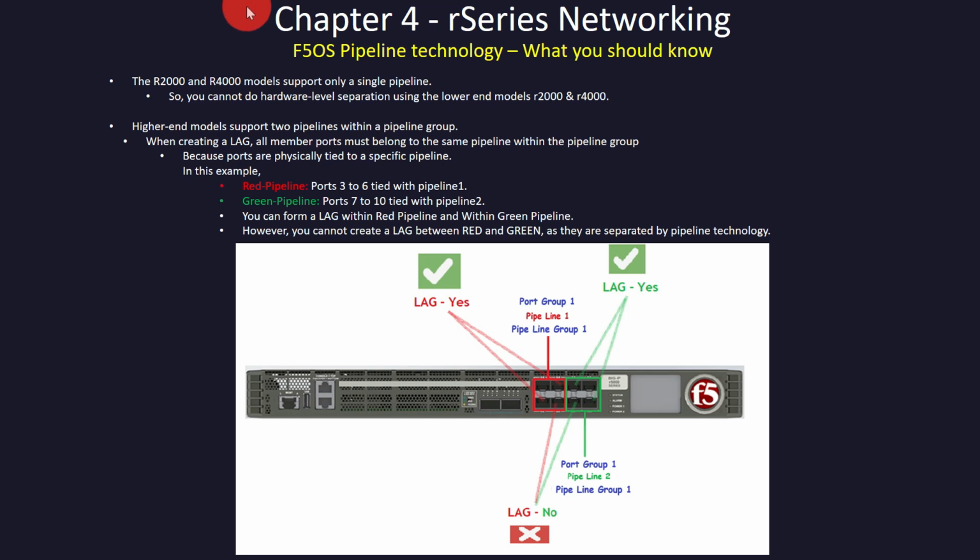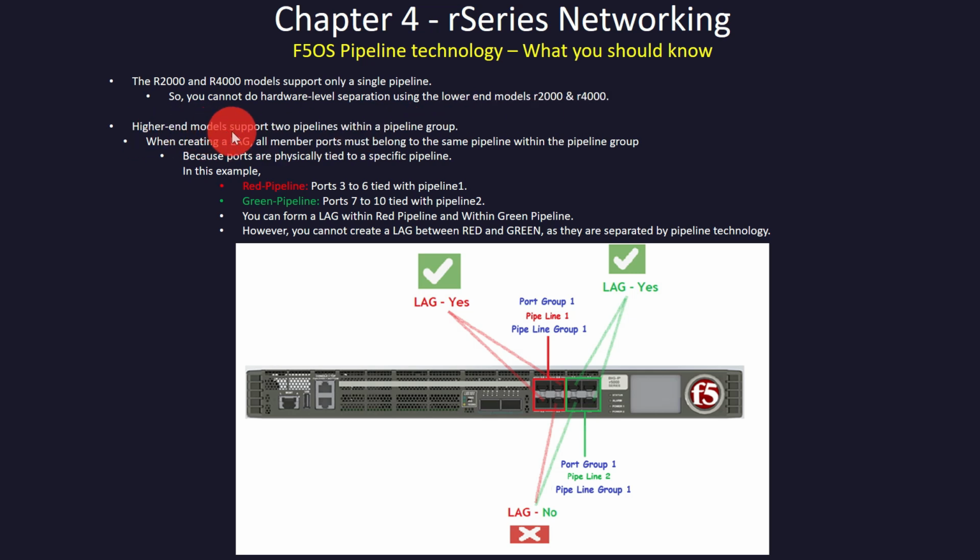F5OS pipeline technology: what you should know prior to starting. The R2000 and R4000 models support only a single pipeline. So, you cannot do hardware-level separation using lower-end models like the R2000 and R4000.